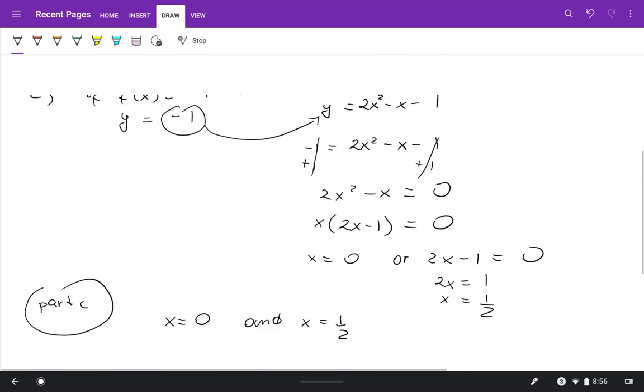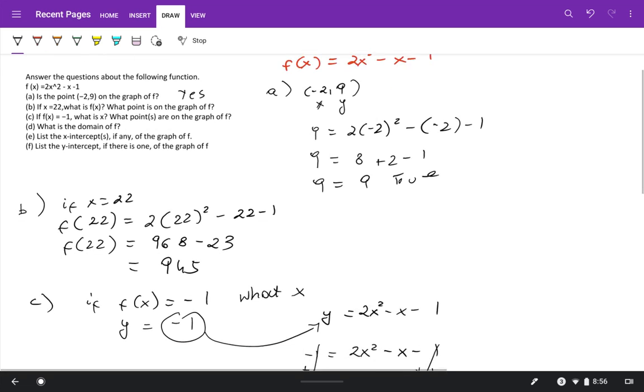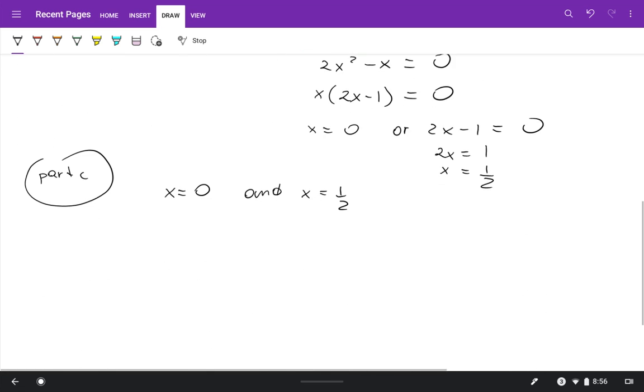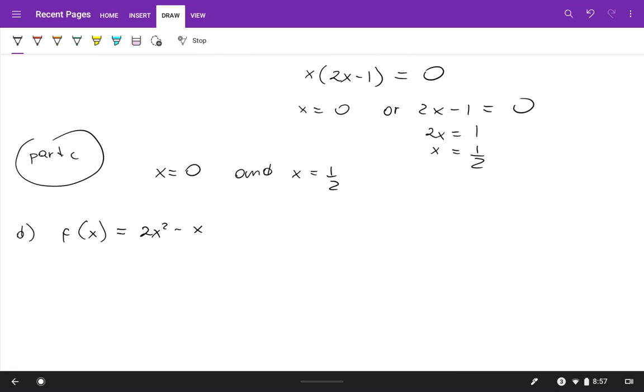So that's part C. And now going back to part D, they're asking you what is the domain of the function. So again, our function is 2x squared minus x minus 1. Don't forget that this is a quadratic function.